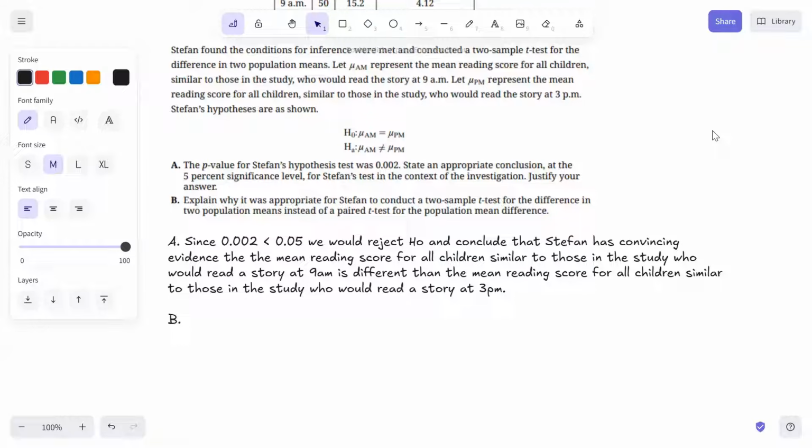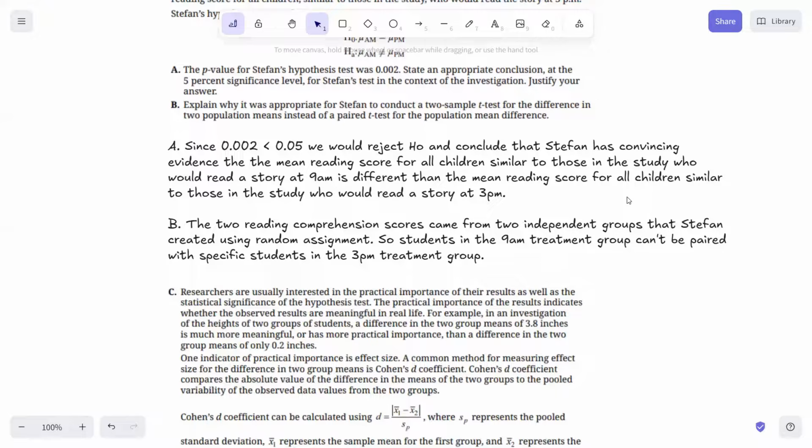They were volunteers, but the groups were created from random assignments. So the individuals at the 9 a.m. treatment group couldn't be paired with specific individuals in the 3 p.m. treatment group. That's why we needed to conduct a two-sample t-test for the difference in population means. Again, I'll write that out for you below. So there you have B written out.